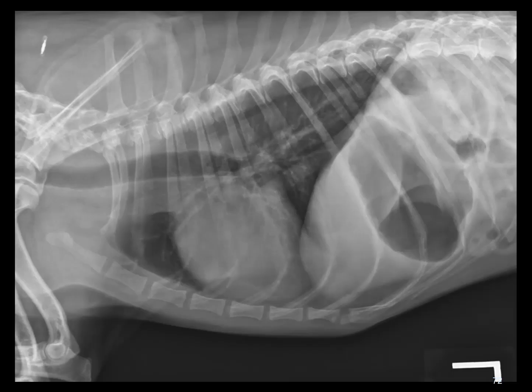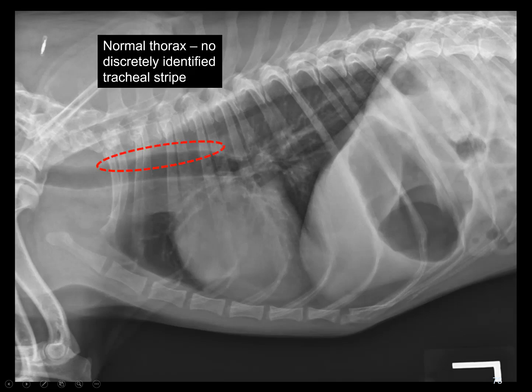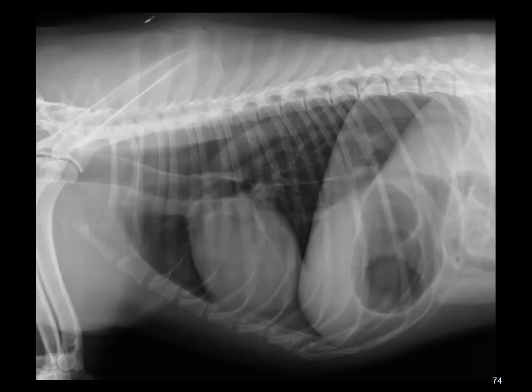Here's our normal dog again. I can see the dorsal edge of the trachea where the gas stops, but I really don't see a discrete tracheal wall very well up here. Compare that to our go-to gas-filled megaesophagus dog. Now I see a very nice sharp edge of the wall on the dorsal margin of the trachea.